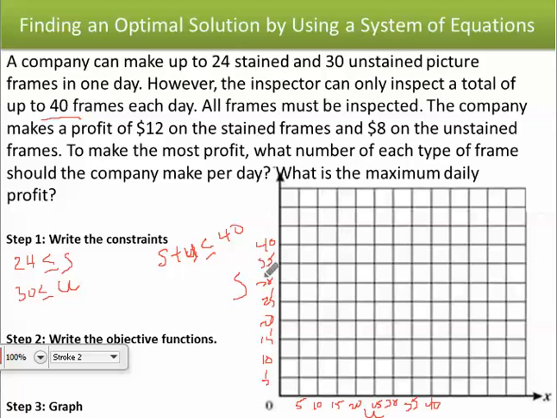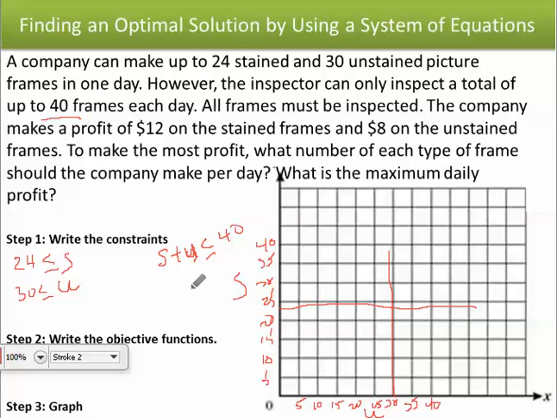Okay? Now, we know the stains has to be less than or equal to 24. So I'm going to draw a line across here at 24. And we know the unstains has to be less than or equal to 30, so I'm going to draw a line at 30 going up.